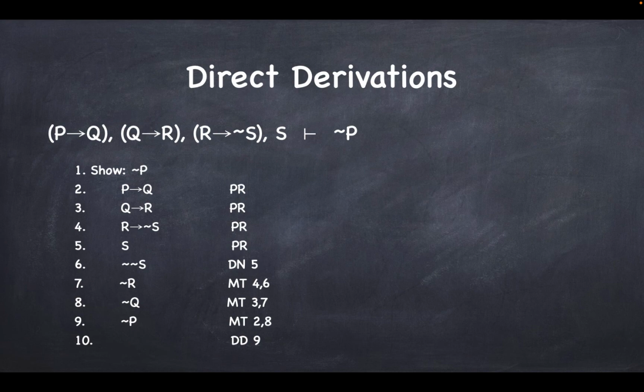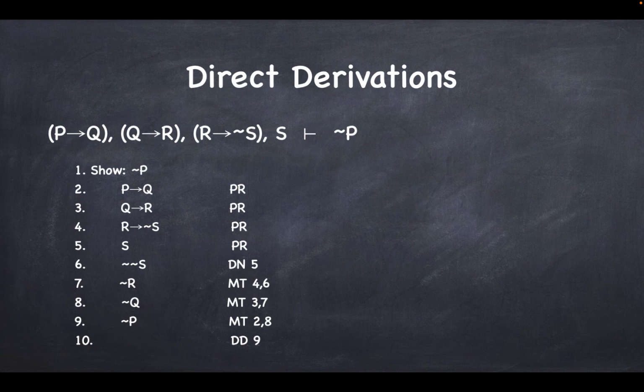But for direct derivations, if you have the content of the show line, which here is not P, alone, and it has to be completely alone, not embedded in a conditional or with a bunch of additional negations on it, otherwise you have more work to do. It has to be exactly not P, alone on a line with a good justification. Then you know you have shown that the content of that show line follows from those premises.